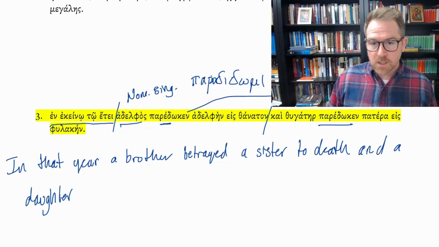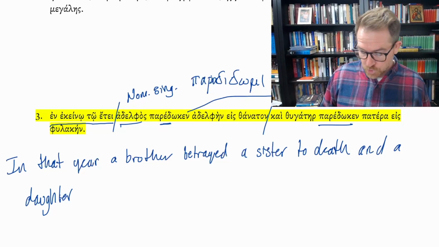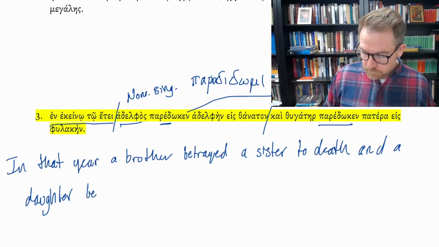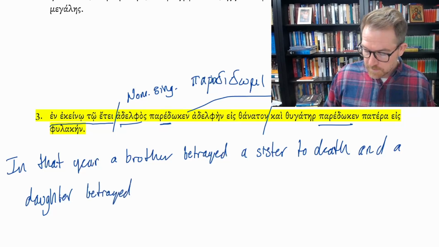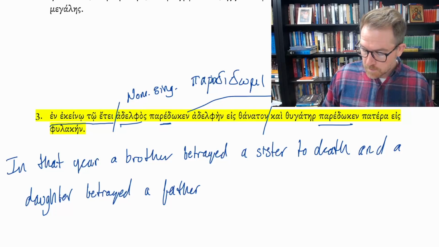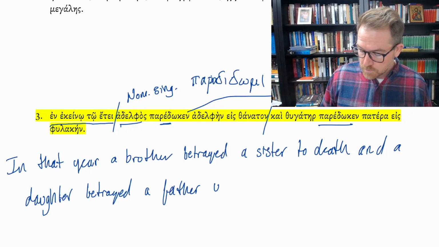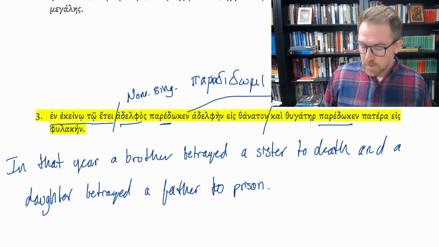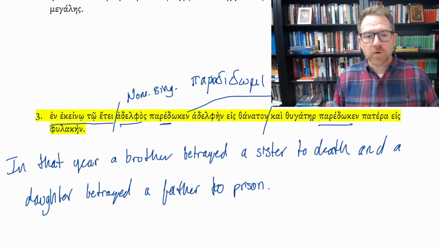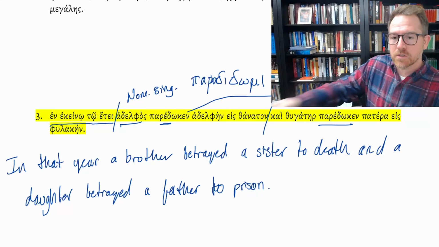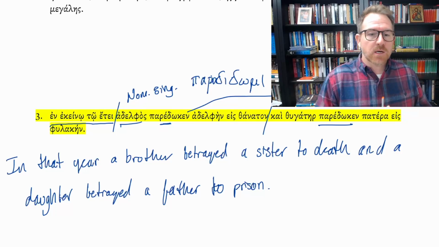It's third person singular aorist active indicative. Betrayed a father unto, or to prison. So you could even say hand over. So in that year, a brother handed over a sister to death, and a daughter handed over a father to prison.